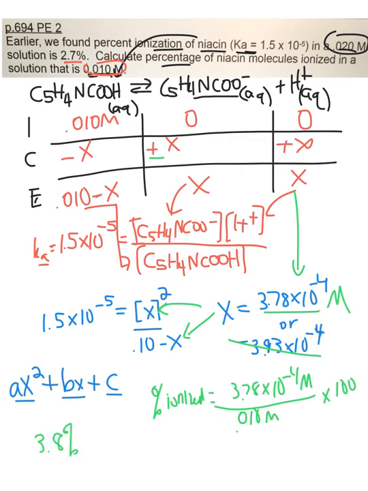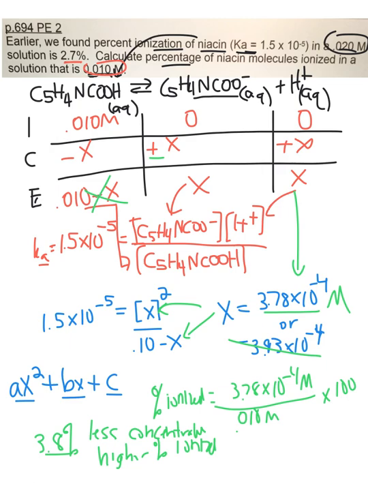And it does make sense because it did get less concentrated, right? Less concentrated means a higher percentage was ionized, but we were still below 5%. So we could have actually hypothetically made this negligible, but it's very hard to tell.